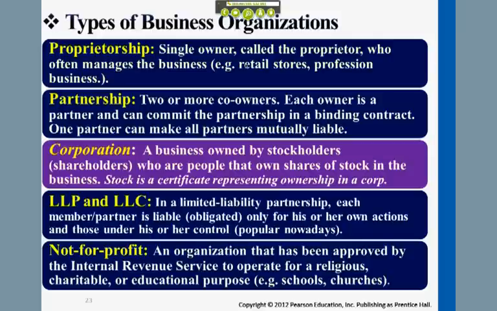A single owner that opens up a firm. It could be an attorney firm, it could be an accounting firm that takes care of tax services, attorney firms that take care of lawsuits, consulting services. As long as there's only one person in charge of the firm, it's considered a proprietorship type of business.